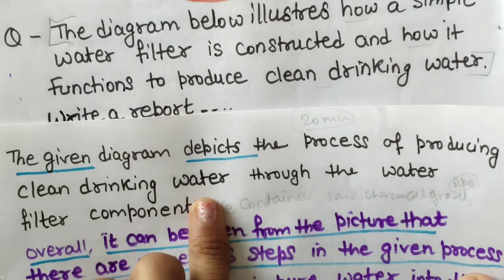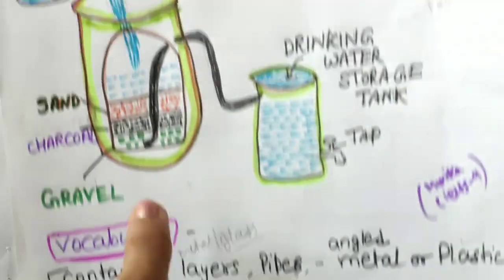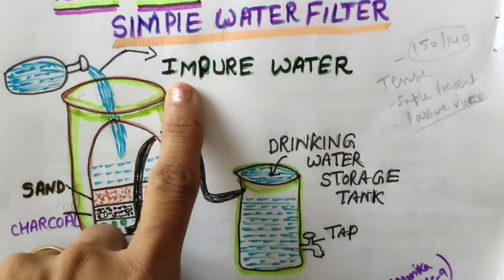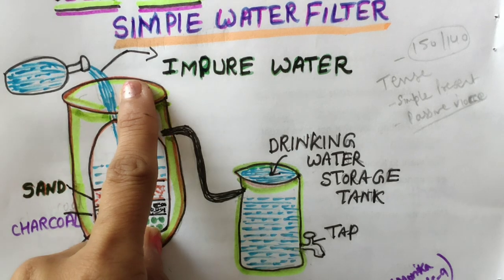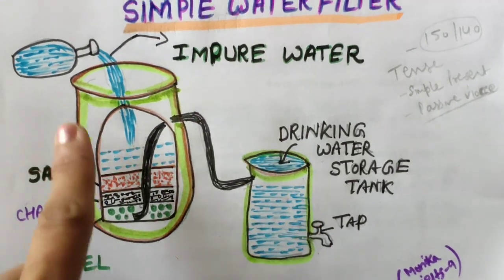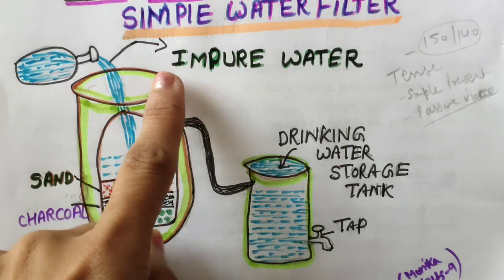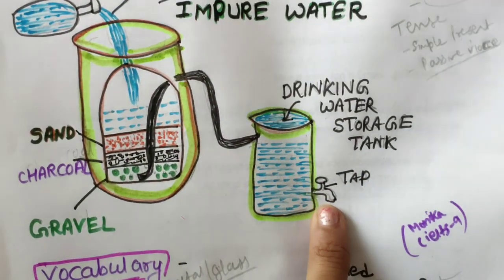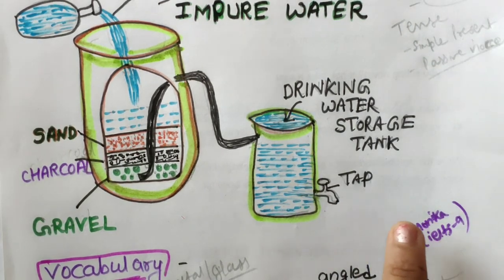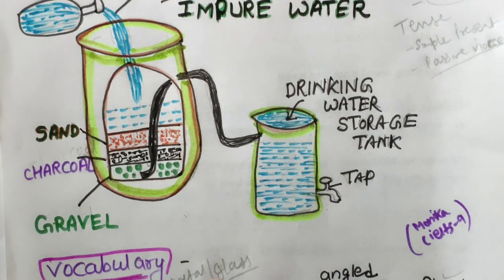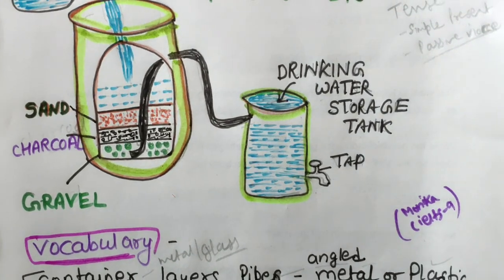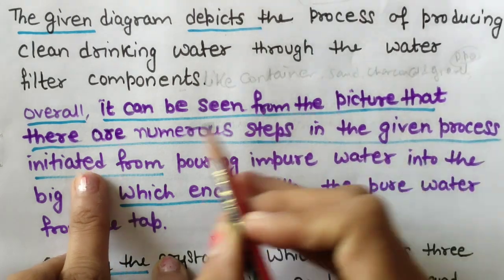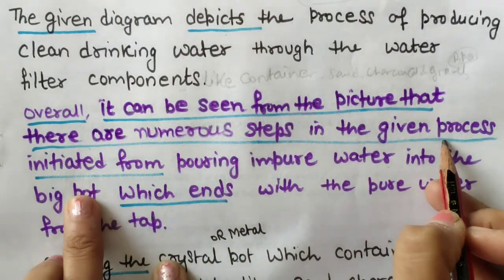Now overall paragraph, what we can see from here, impure water is going through steps, from where it is starting and from where it is ending. So it is initiated with the pouring of impure water into the container and ends with the tap, from where we can just take out clean drinking water. Okay, so overall paragraph. Overall, it can be seen from the picture that there are numerous steps in the given process.